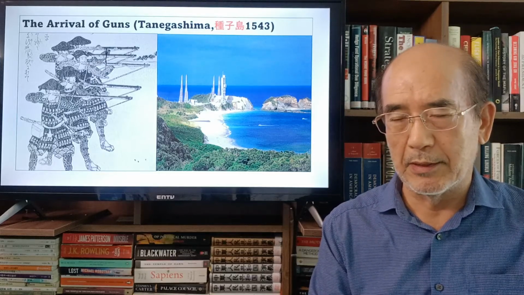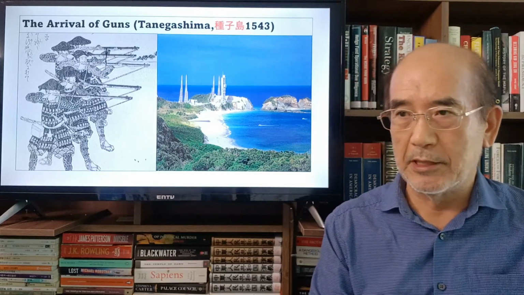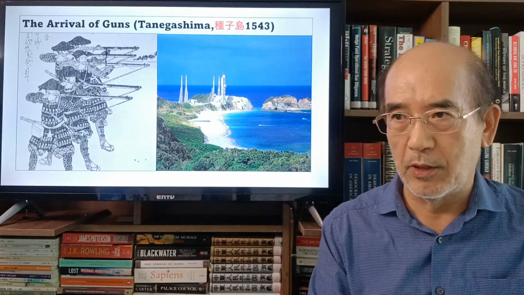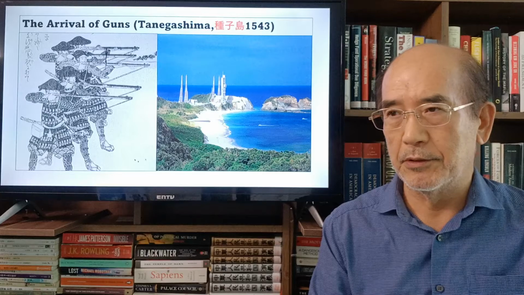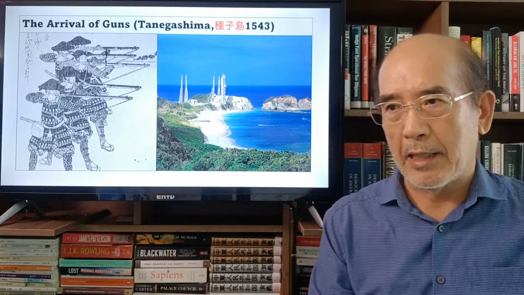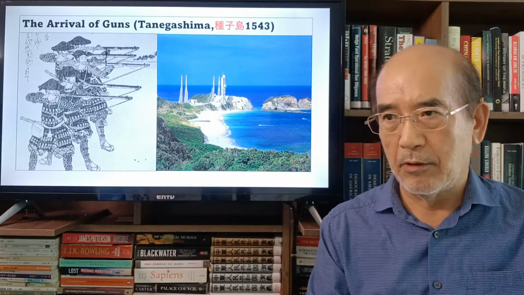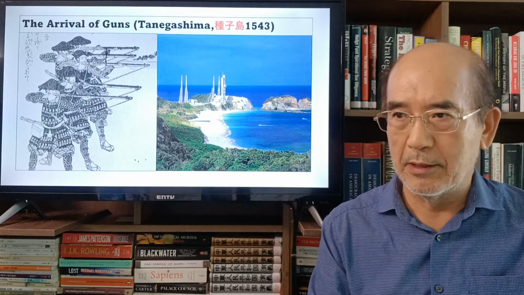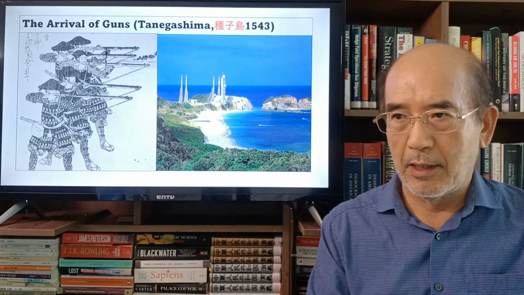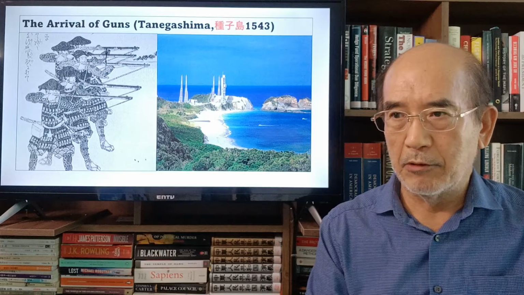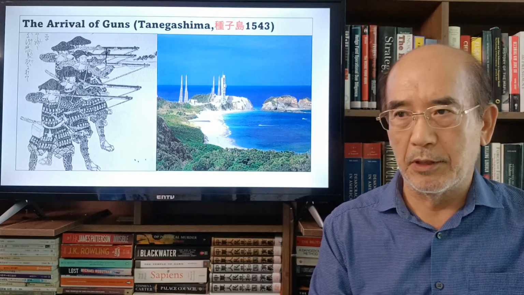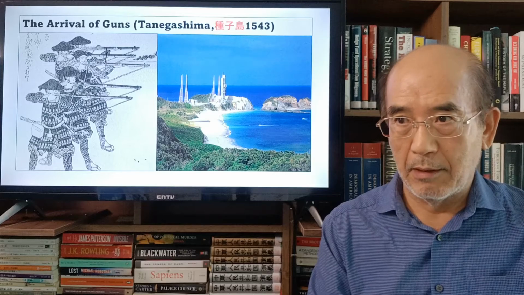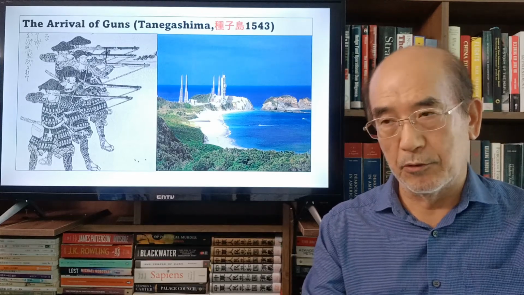So victory was in a sense guaranteed for the Japanese soldiers equipped with these rifles. In a sense, that accident of the arrival of a Portuguese ship with guns allowed Japan to have military superiority over Korea, and then later over China.